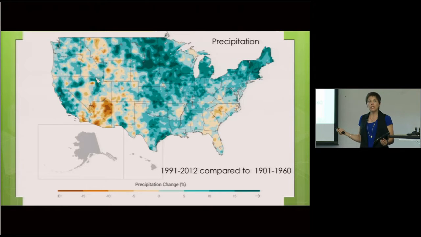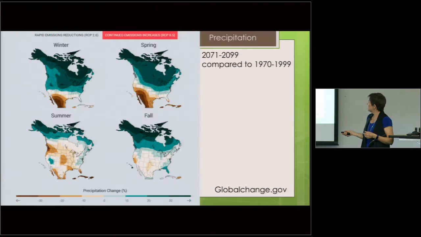Precipitation. We have already had changes in precipitation patterns. So this is 1991 to 2012 compared to earlier in the century. And we can already see that there's been an increase in precipitation in the Midwest, and a decrease in precipitation in the Southwest. And what does the future look like?